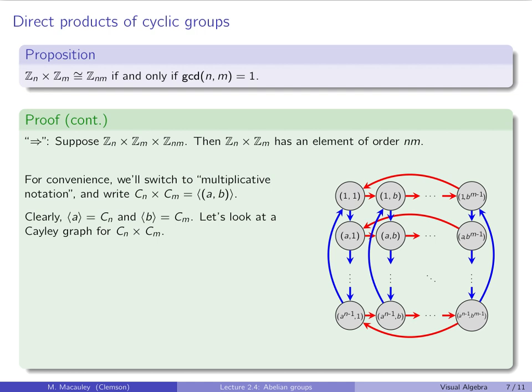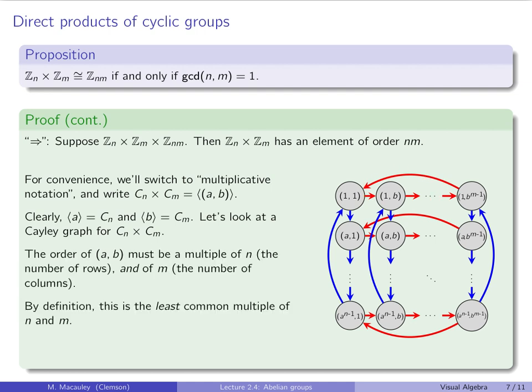The total number of steps has to be a multiple of the number of columns. So that's what I said here, but by definition, this is the least common multiple of n and m. So this is slightly trickier to say, but it's basically the same argument as the converse.